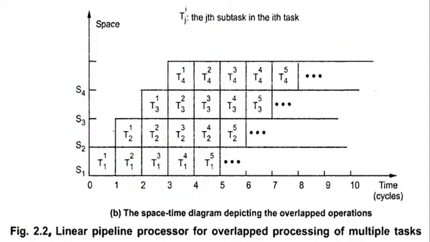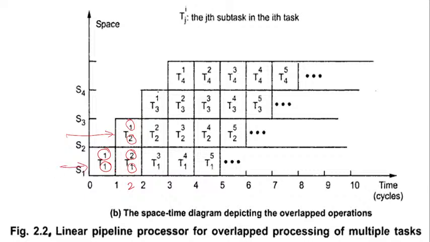The first instruction is in the first stage. During the second clock cycle, the first instruction is in the second stage, and at the same time, during this clock pulse, the second instruction is in the first stage, because S1 means first stage.